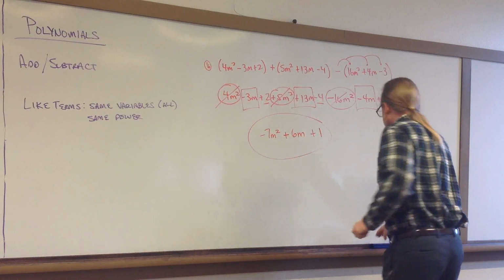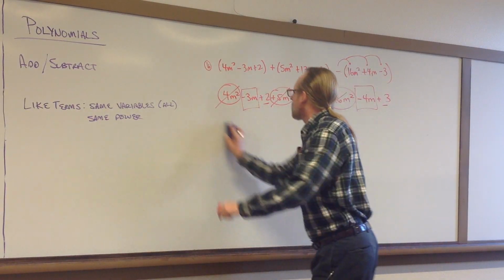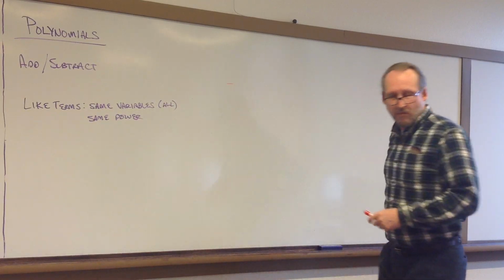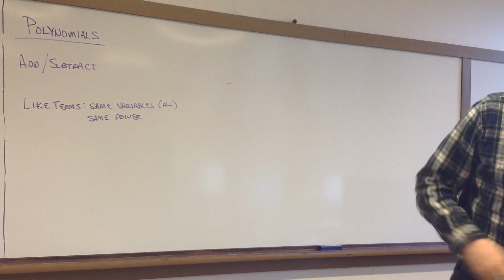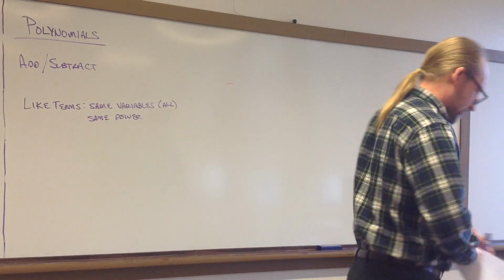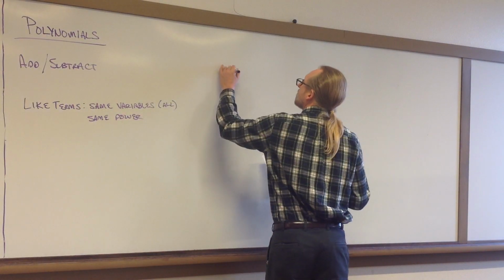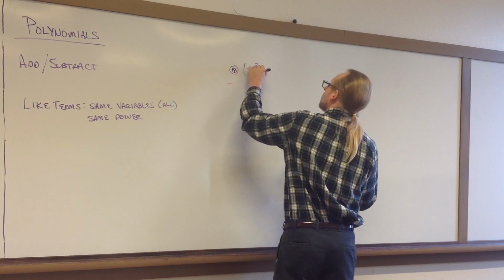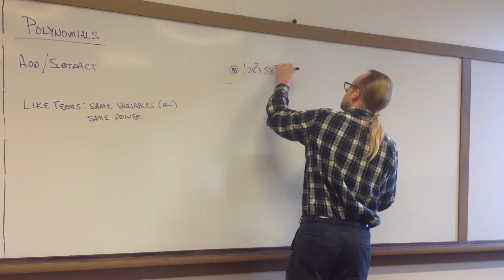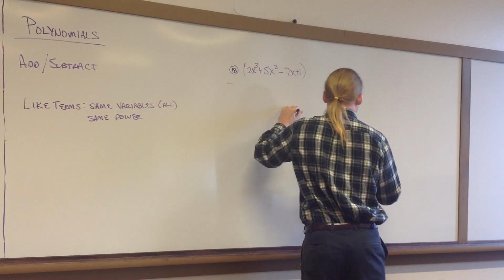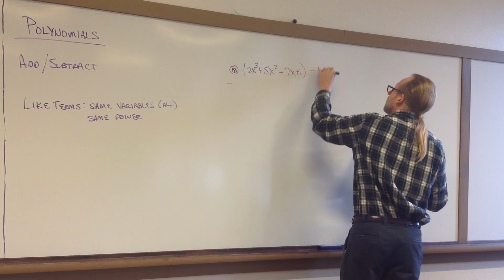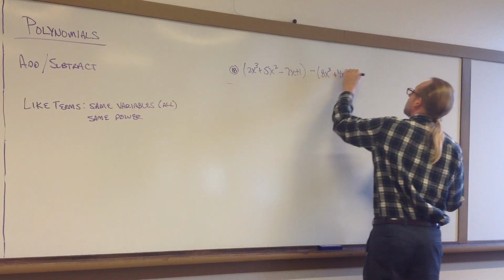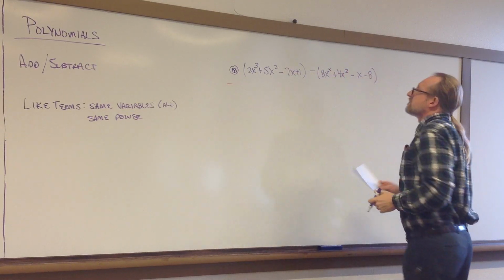Number 18. 2x to the third plus 5x squared minus 7x plus 1 minus 8x to the third plus 4x squared minus x minus 8.